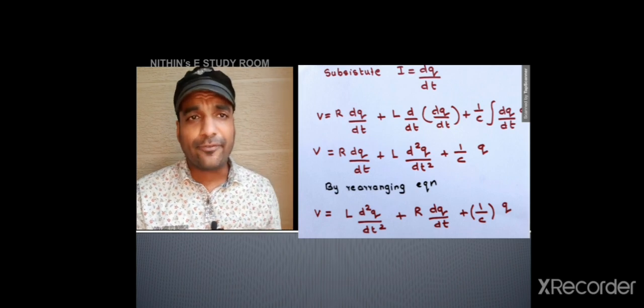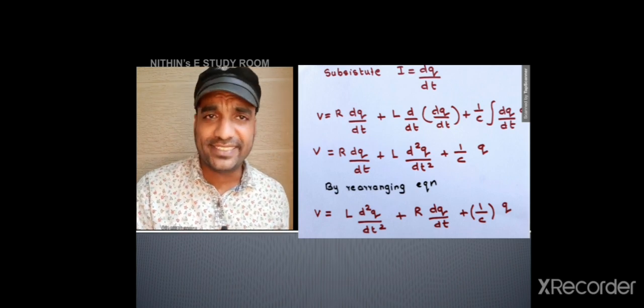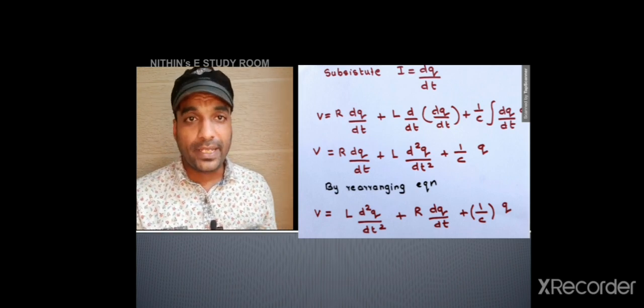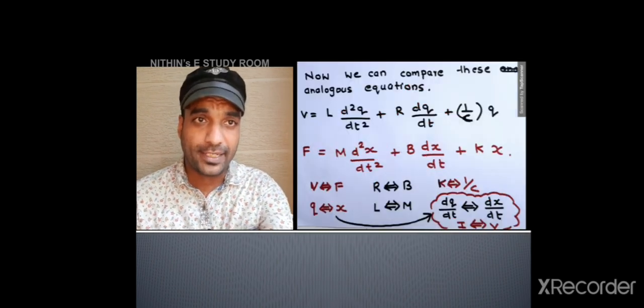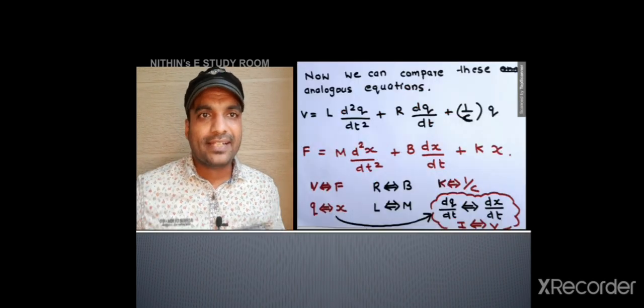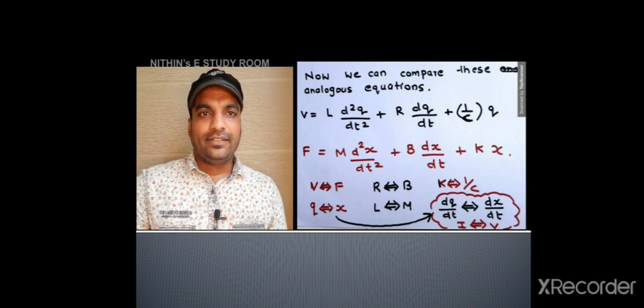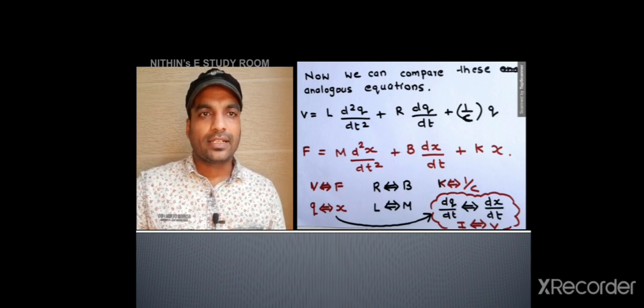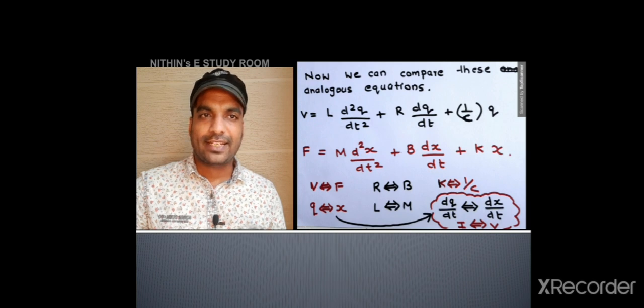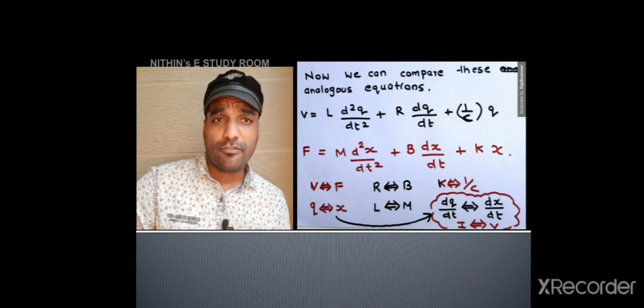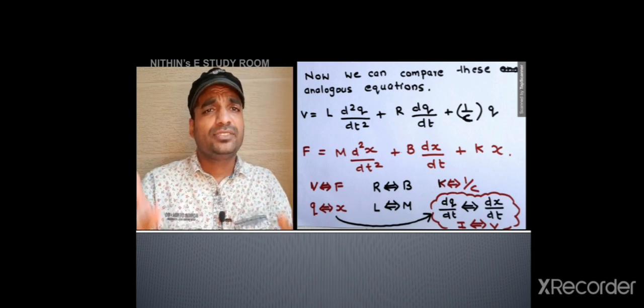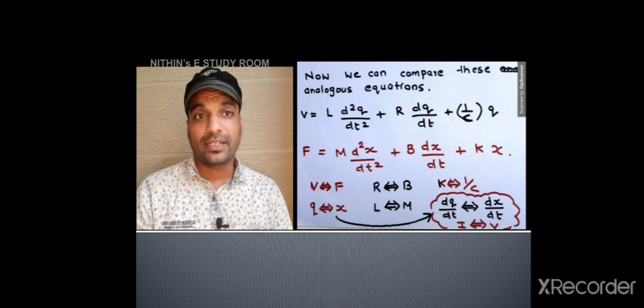And now it is time to compare this differential equation of the RLC series system with the already obtained differential equation of the mechanical system. So now we can compare these analogous equations. You can see in the black ink I have written the equation of the electrical system, and in the red ink I have written the force equation of the mechanical system. These two equations are almost similar in format.